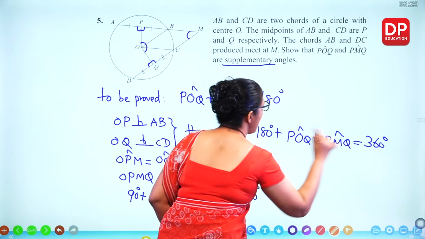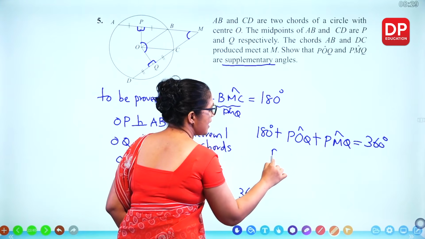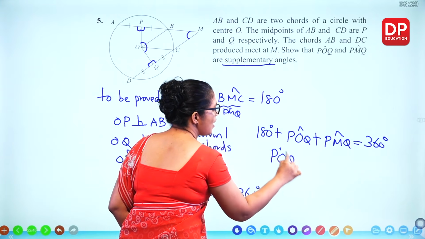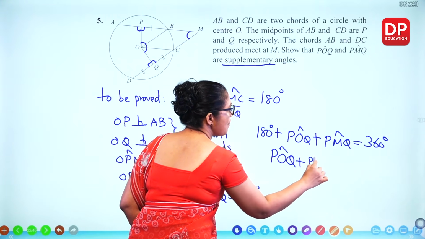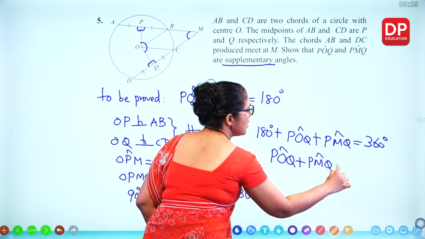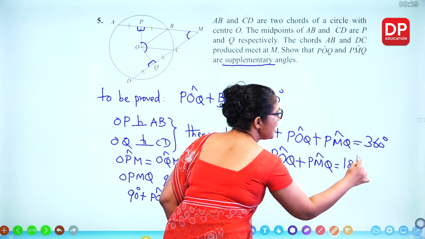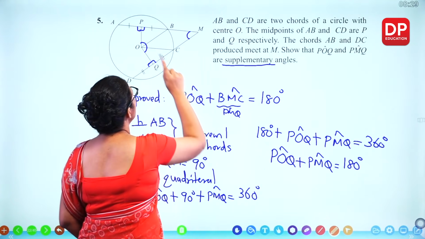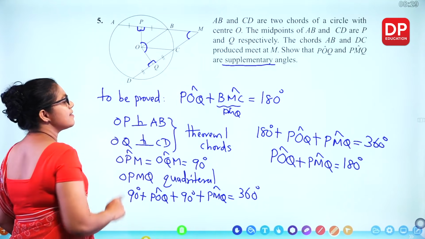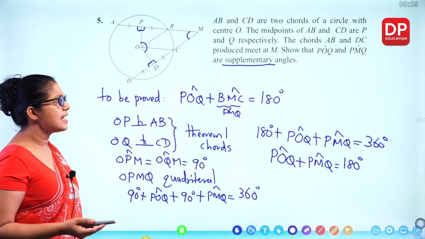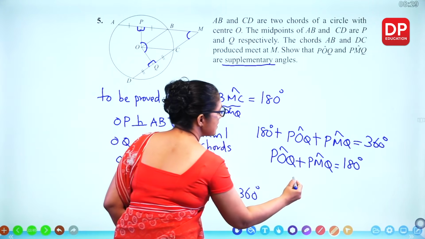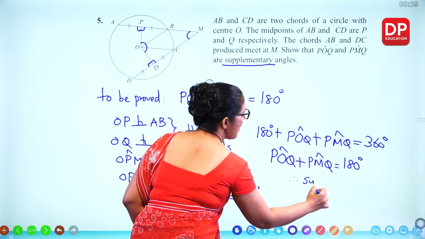So take 180 to the other side. We can straight away write down POQ plus PMQ is 360 minus 180, which becomes 180. So here we found these two angles add up to 180. 180 means those are supplementary.